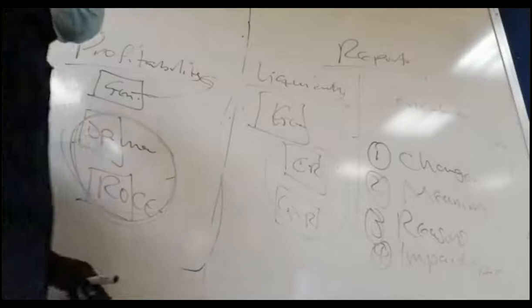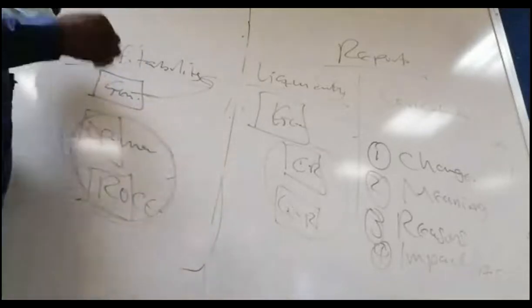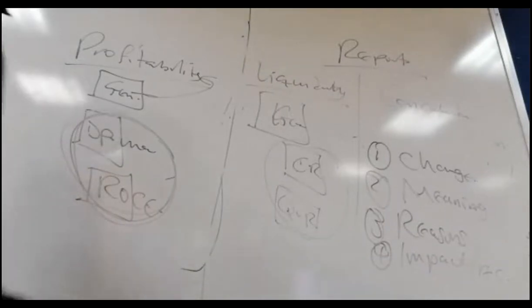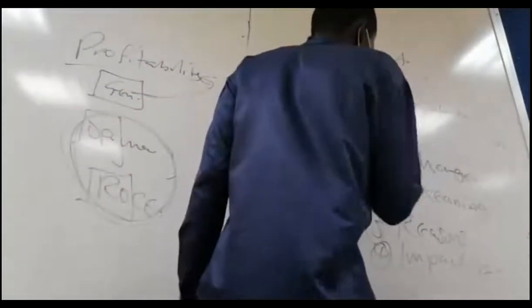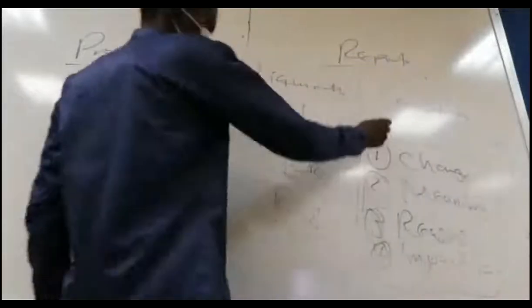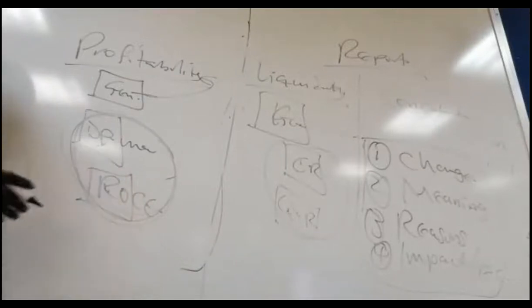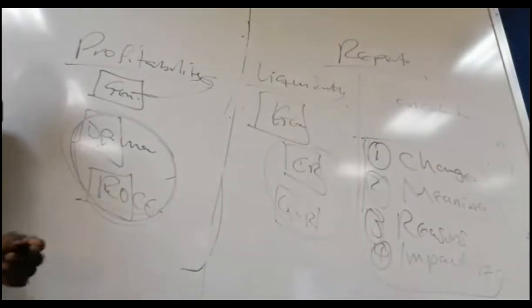You are done. If this continues, the company will improve its what? Profitability position. That's all. Okay, so this is what will form part of the main interpretation. This is the main interpretation. And it will be the second and then the third paragraph where you are talking about the actual ratios.